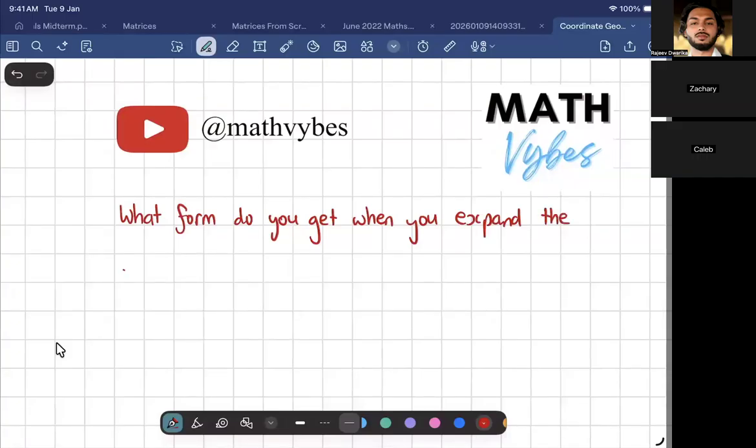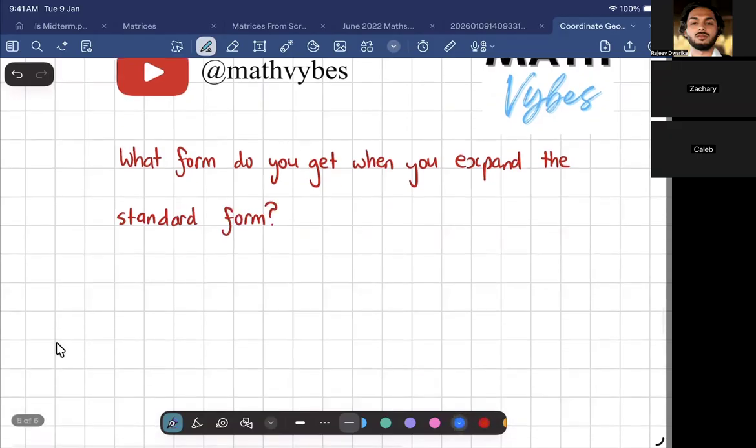You get the general form, exactly. Could somebody just remind me what the standard form is? x plus f squared plus y plus g squared is equal to r squared, right?